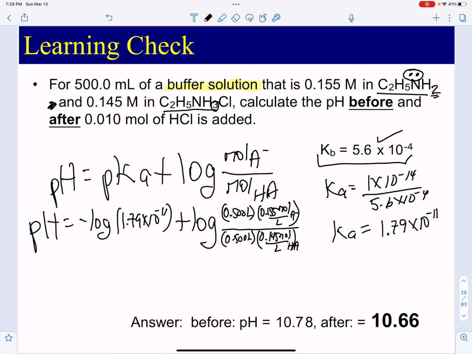So if you notice in this case, the volume cancels, so you can just put the molarities in this case, and that will give you what we need.